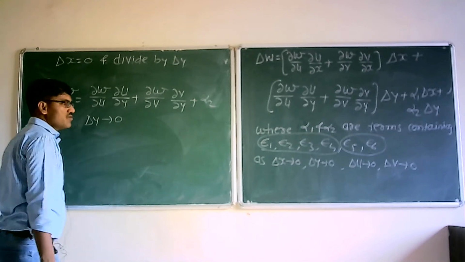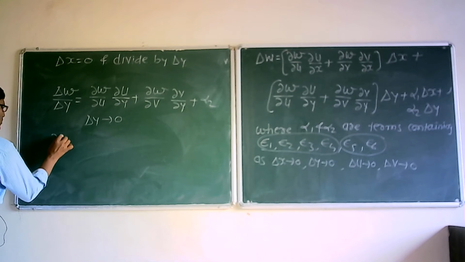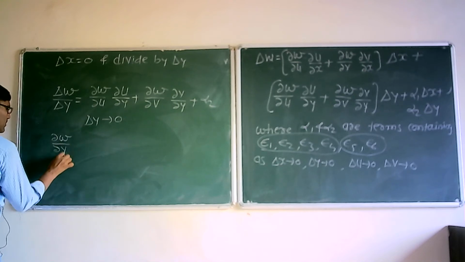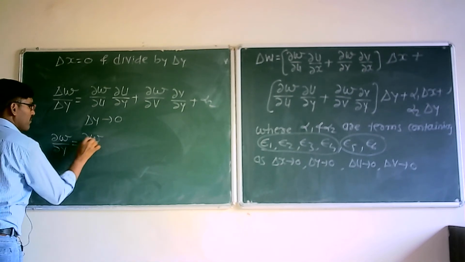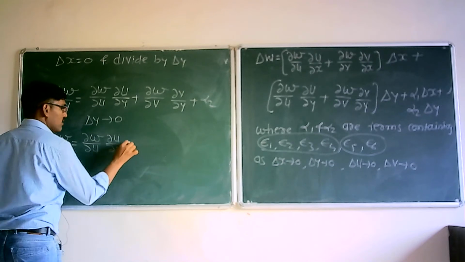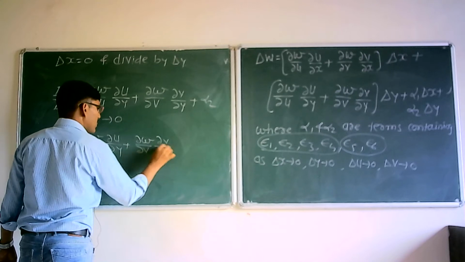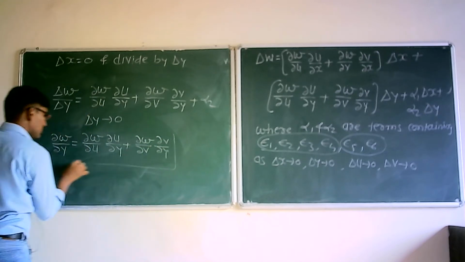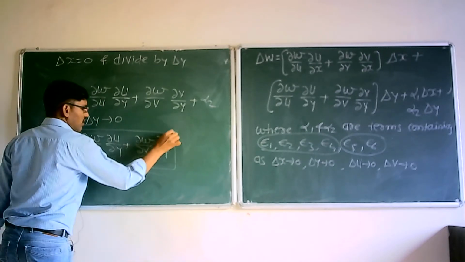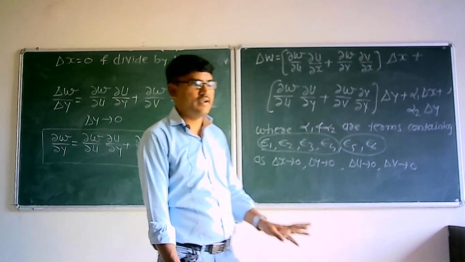As delta y tends to 0, this alpha 2 tends to 0, and you will get delta w by delta y is equal to delta w by delta u by delta y plus delta w by delta v by delta y. So this is the formula for delta w by delta y and delta w by delta x.